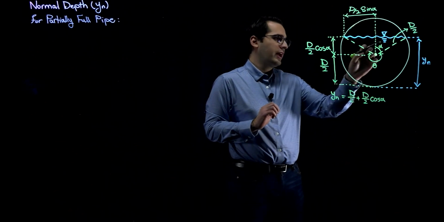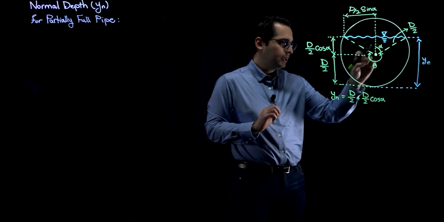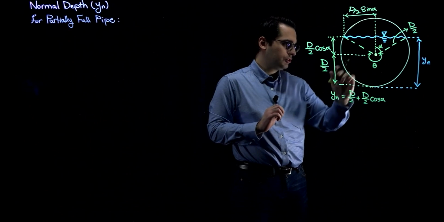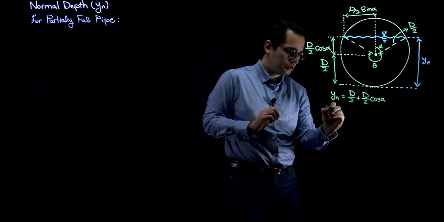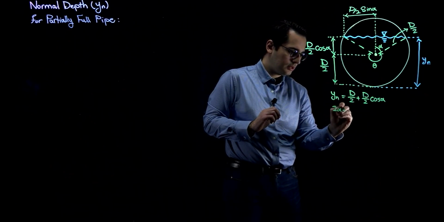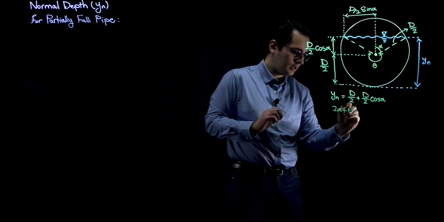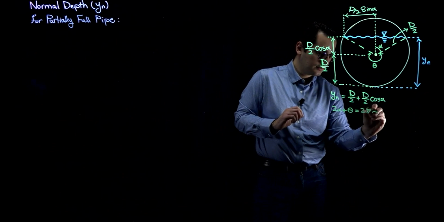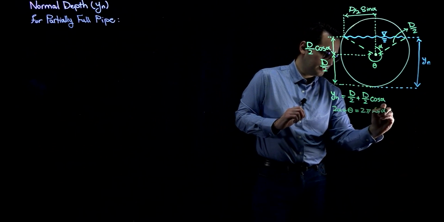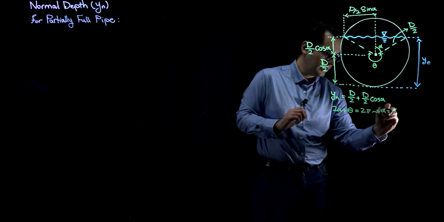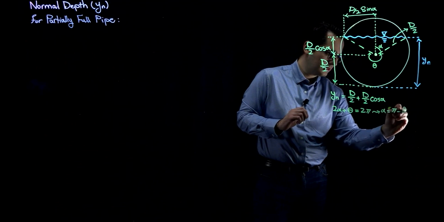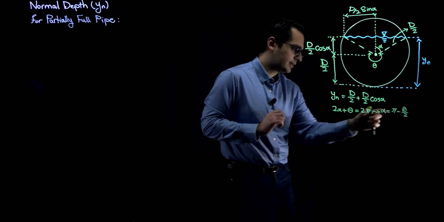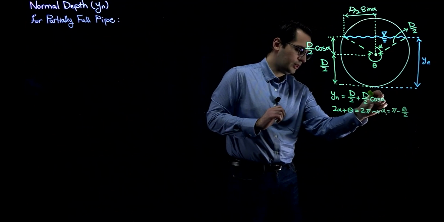To do that, I know that 2 alpha plus theta is going to be equal to 2 pi. So from this, I can write that alpha is equal to pi minus theta divided by 2. All right, I can take this and put it over here.